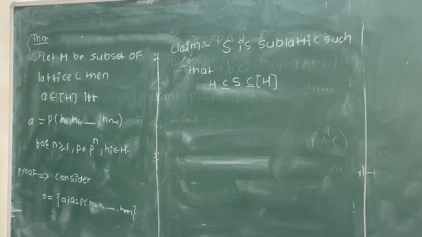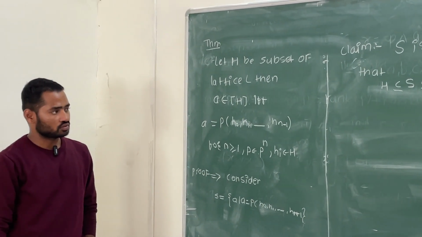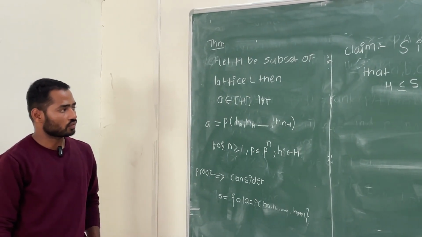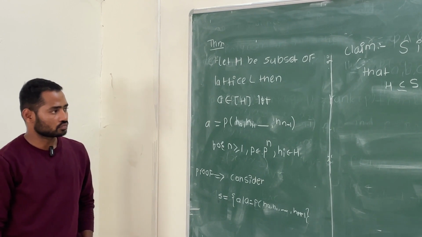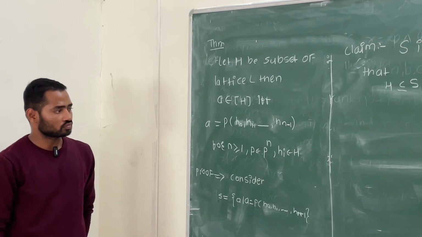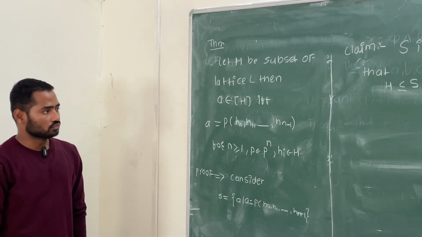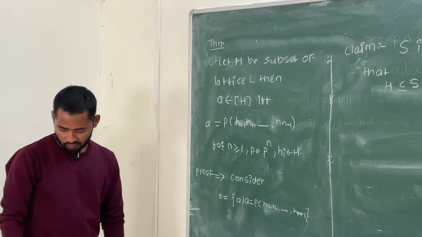Then what will we know? This is a sublattice containing H, yes or no? And we will prove that it is also contained in the square bracket H. But what is the definition of the square bracket H? Because it is the smallest sublattice containing H, the square bracket of H will be contained in S, so they will become equal. Is this clear?